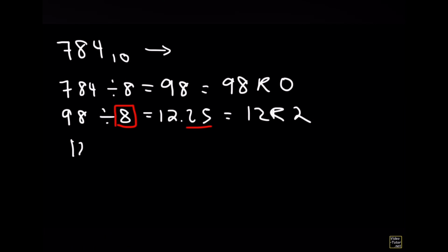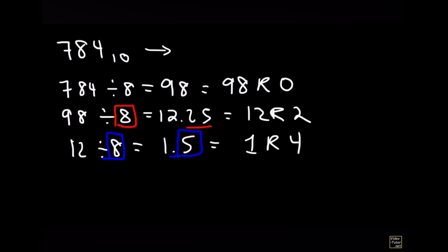Next, let's take this 12 and divide it by 8. 12 divided by 8 is equal to 1.5. So this is 1 remainder, and then 8 times 0.5 is 4. So it's 1 remainder 4. Our next number is 1. So 1 divided by 8.